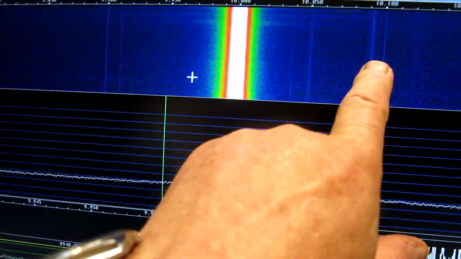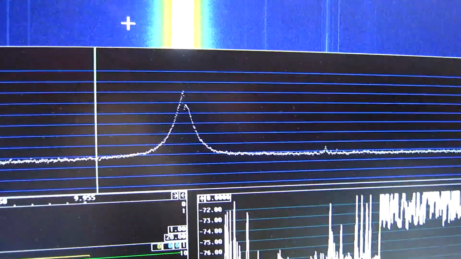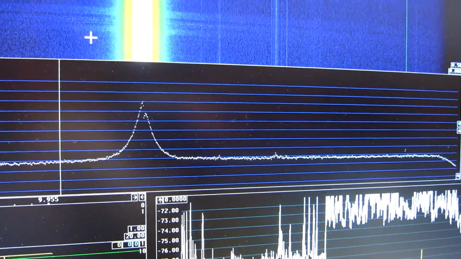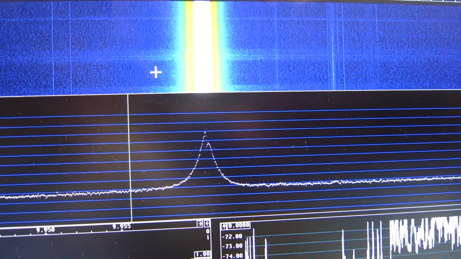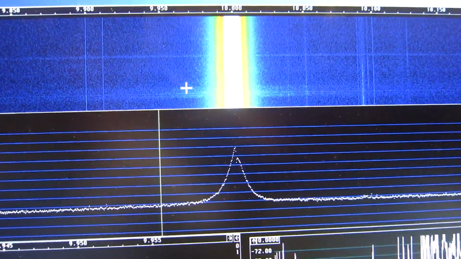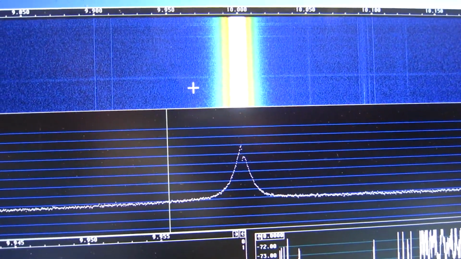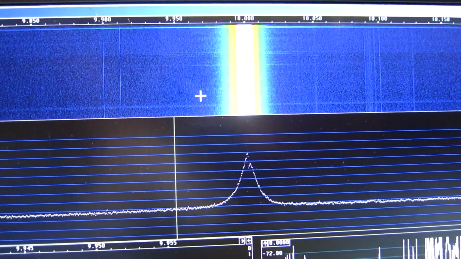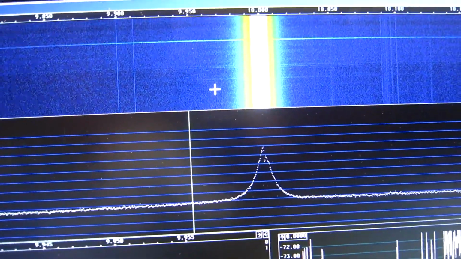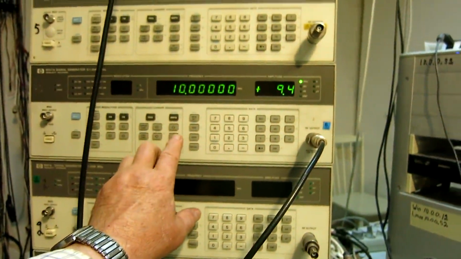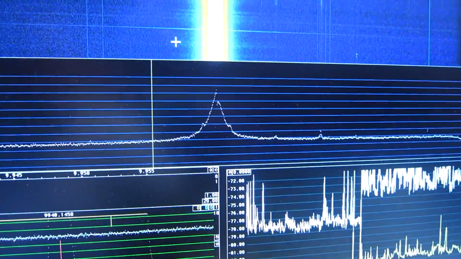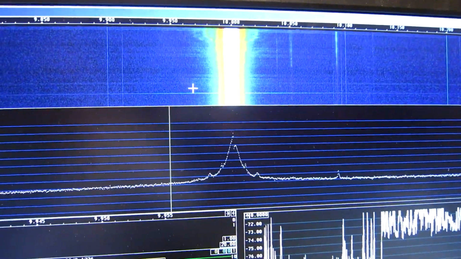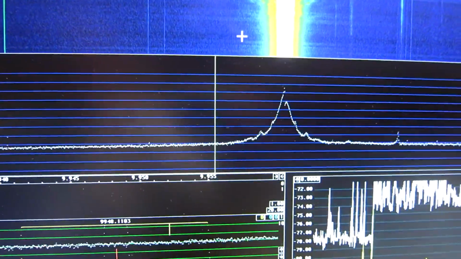This is now very weak. And here it seems to be gone. That's 9.4 dB here. So I go up again, and we can see how these phenomena start.